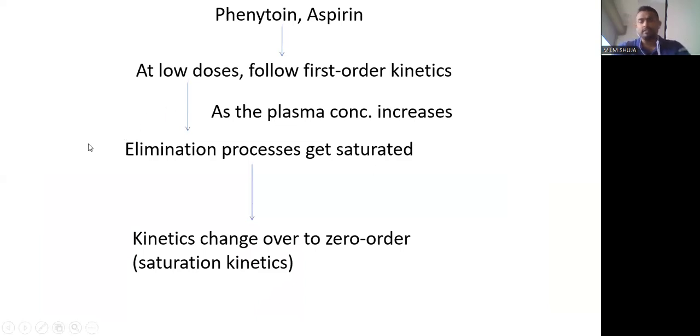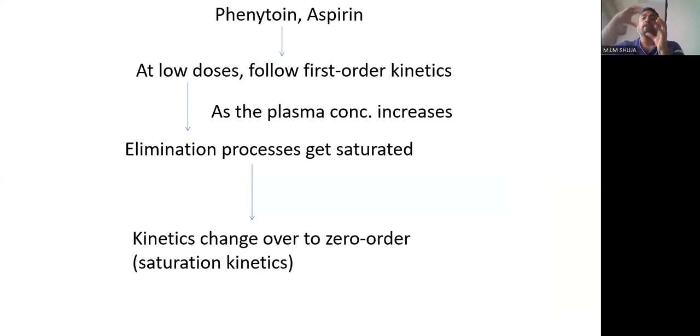And another wonderful thing you have to remember. I told you about first order kinetics: for the elimination you need metabolism, and for the metabolism you need enzyme. In first order kinetics, the fraction is constant. The more you increase the concentration of drug, the elimination also increases because you have enough enzyme.